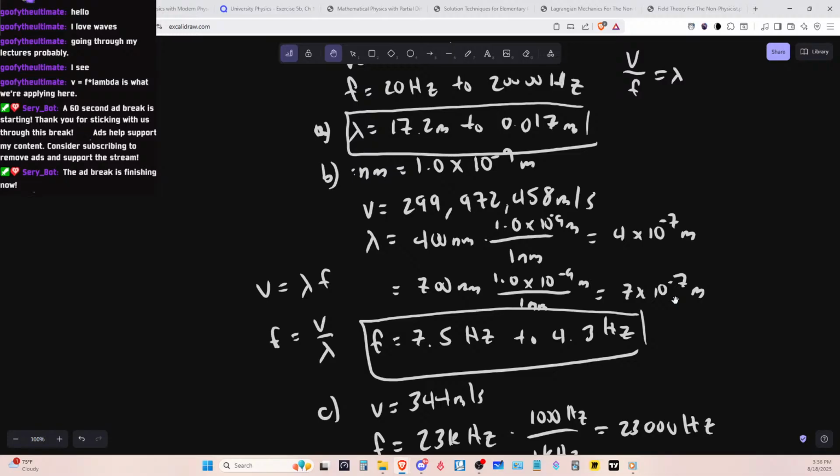Maybe I multiplied it by mistake, did I? Let me double check here. The velocity. I used the exact number of the speed of light.